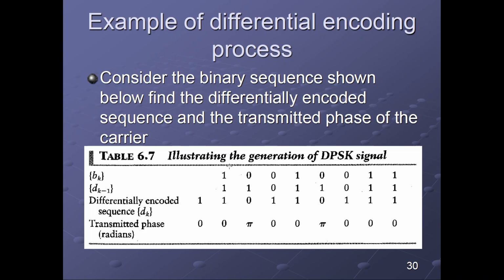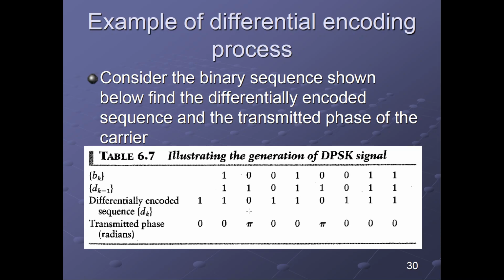If 1 comes, the rule of differential modulation says don't change the current bit with the previous one. What was the previous one? 1. This is the reference, so this must be 1, because 1 comes and I don't change with respect to the previous one. Now 0 comes.